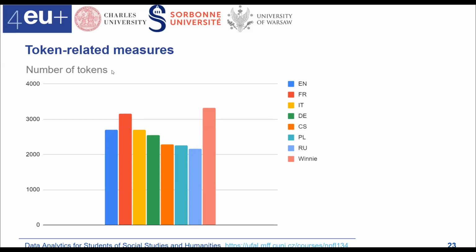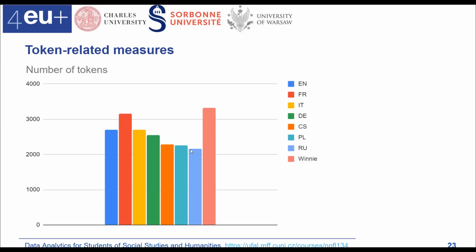So, for example, the Russian automatic version, Polish and Czech, so the Slavic languages, have about the same number of tokens.